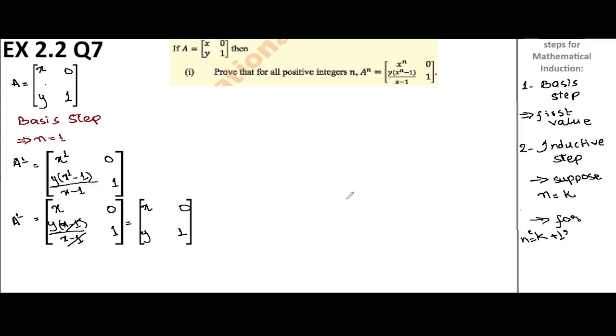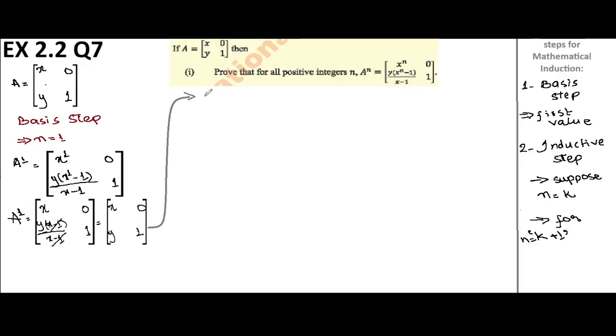Now we are going to move towards the inductive step, and we are going to suppose it for n equals k. So now in this equation we are going to use the value of n as k.